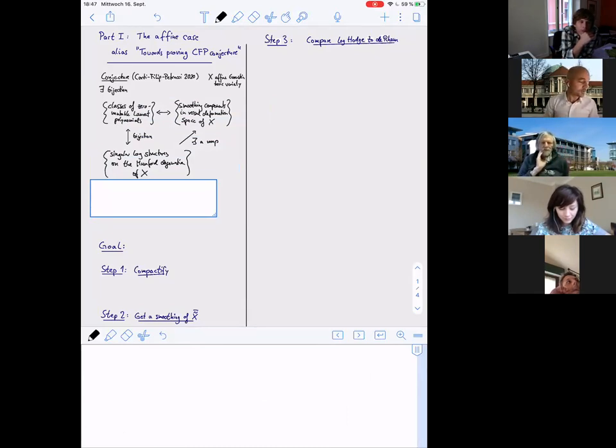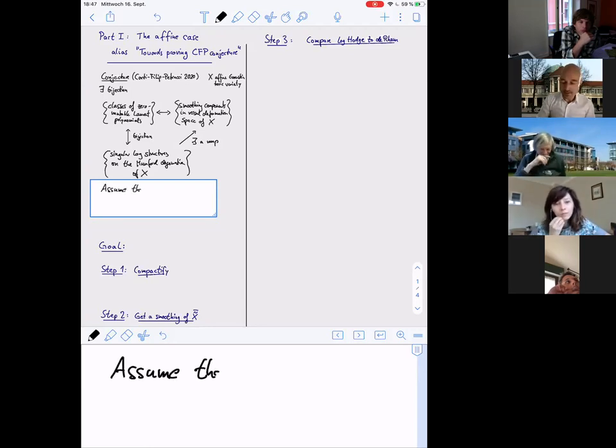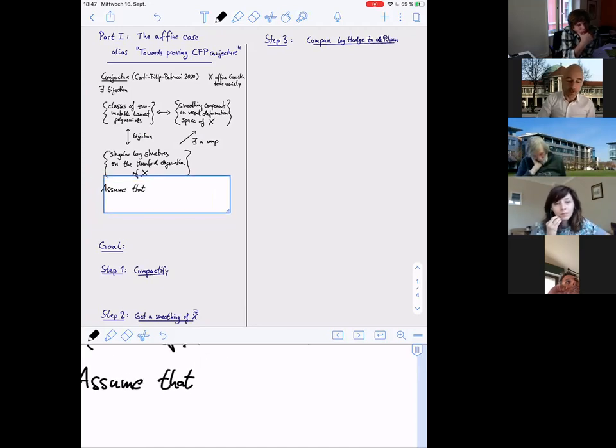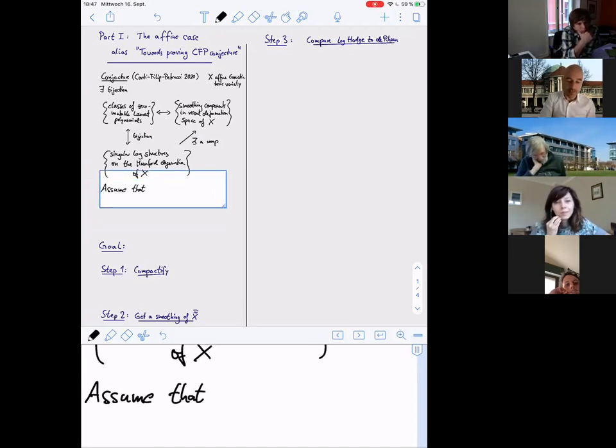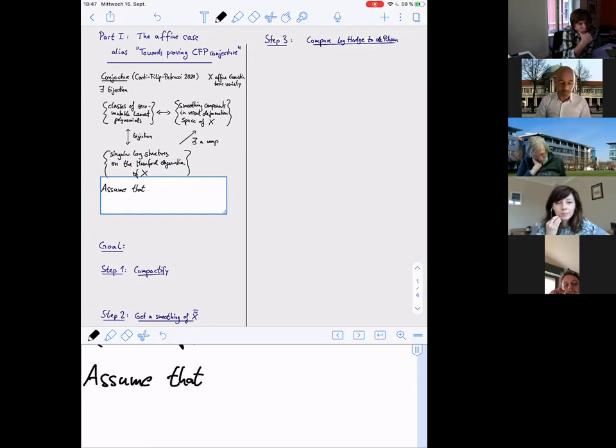Okay, so there's an assumption that we use in order to construct such a smoothing. I mentioned this in the morning already. Assume that the singular log structure that we put on X by means of this bijection permits a log smooth resolution.